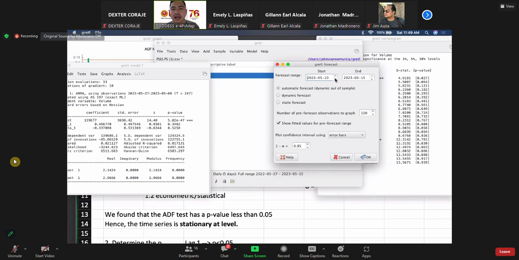Sorry. May 15 ang start. Sorry. May 8 na lang. Tapos, naka-default ang automatic forecast. Pag human number of observations to graph is 100, I will select shaded area and I would click.